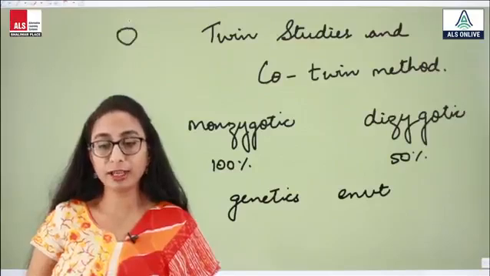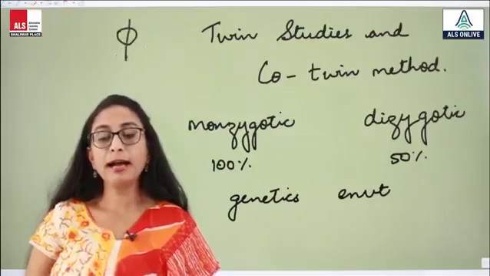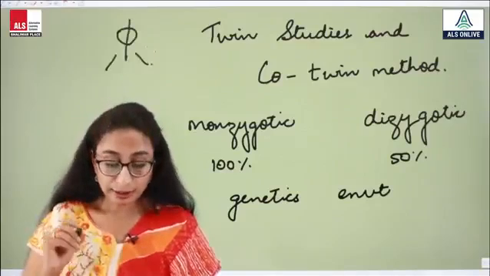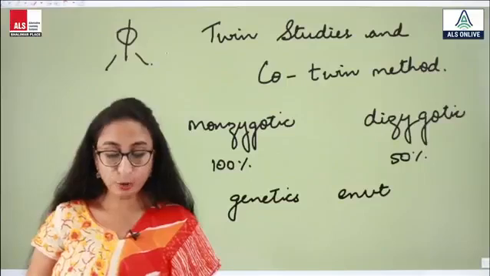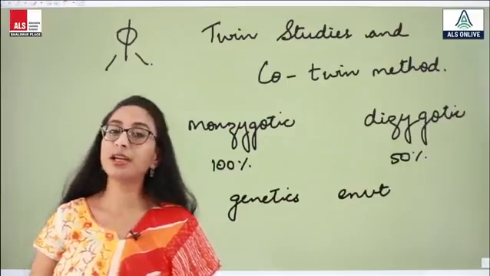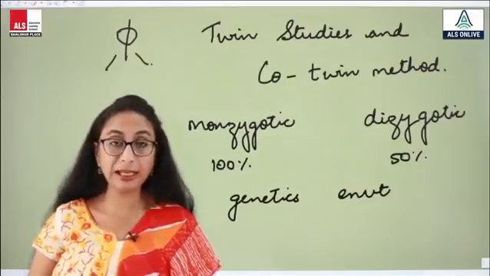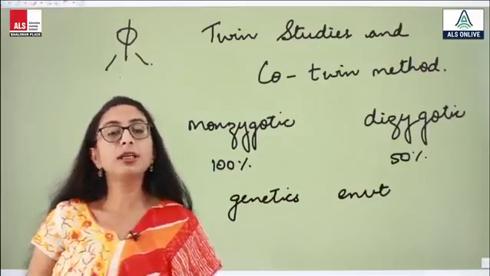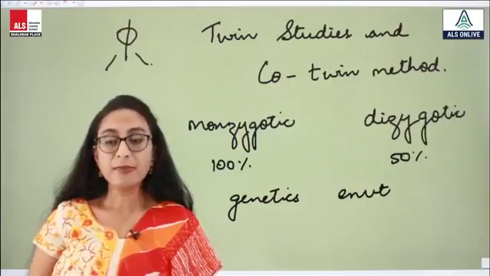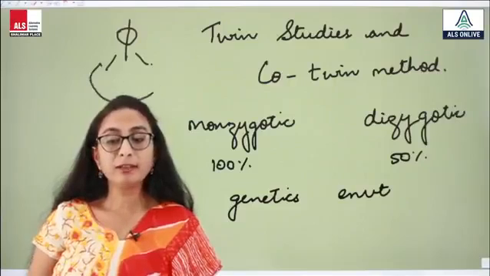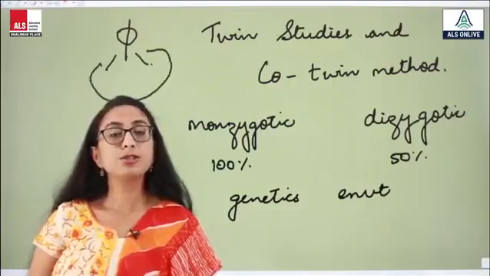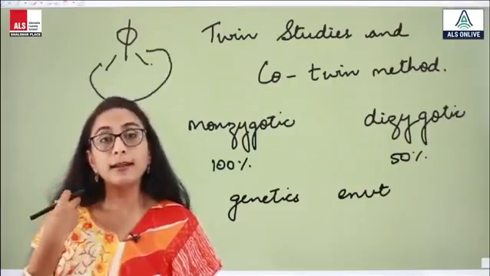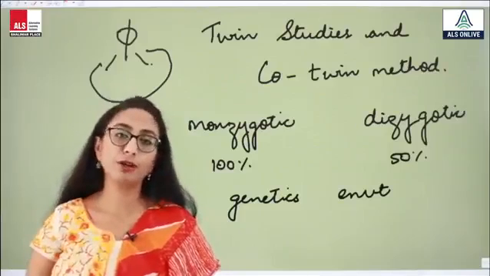After the formation of the zygote, it will divide into two and it will result in two individuals, that is the twins. So the premise of the twin method is that monozygotic twins, as I already told you, share around 100% of their DNA. In addition to that, they also share the early environment. Early environment here means the environment inside the womb, isn't it? So they have a common sac which is holding them together. So it is the environment also which is responsible for that.